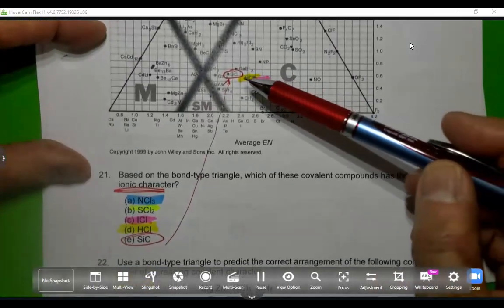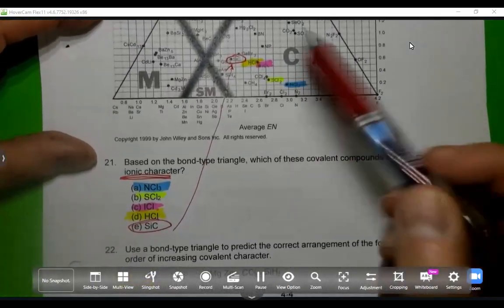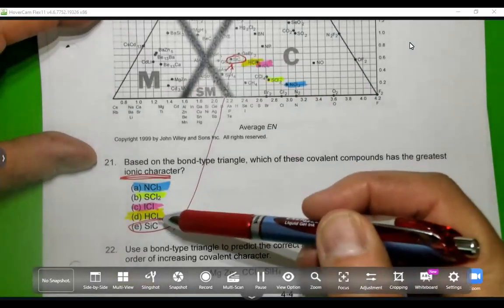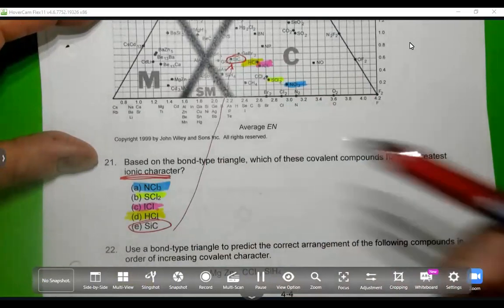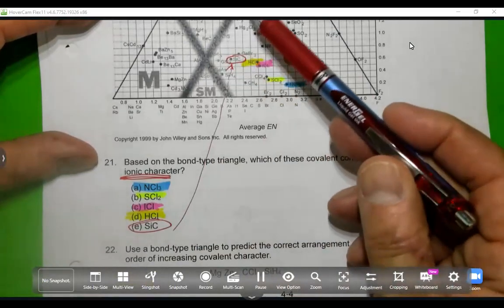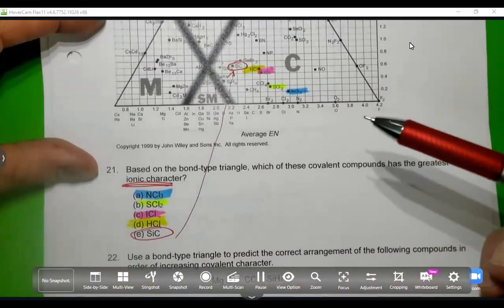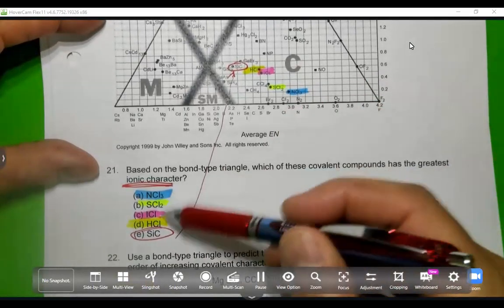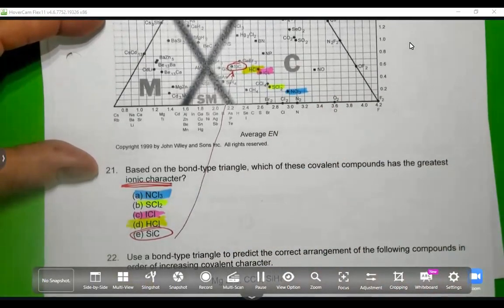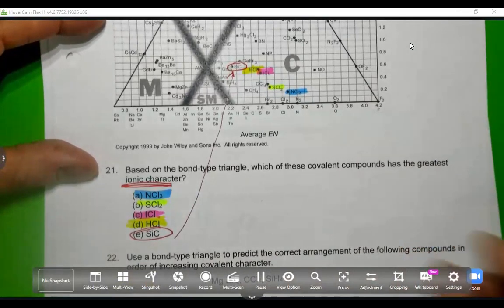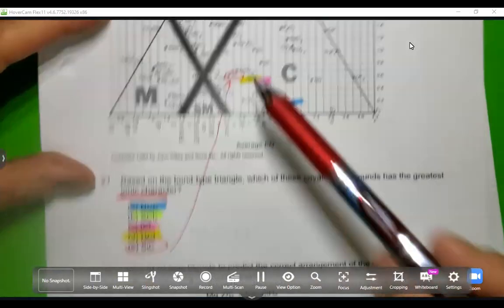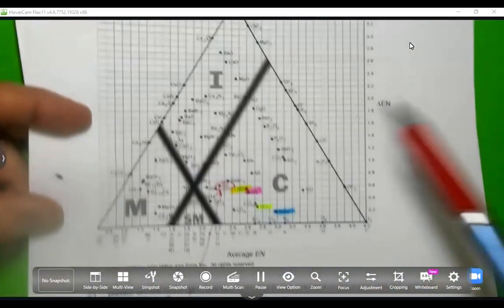And the best we can do, and I didn't mean to circle this, I ran out of colors, I grabbed my red pen and it happens to be that, but this one's closest to the ionic. And again, I was just able to find them. I didn't mean to circle it in red, I just didn't have a big color. So whichever one's closest to the ionic line here, which of course is this baby, right?